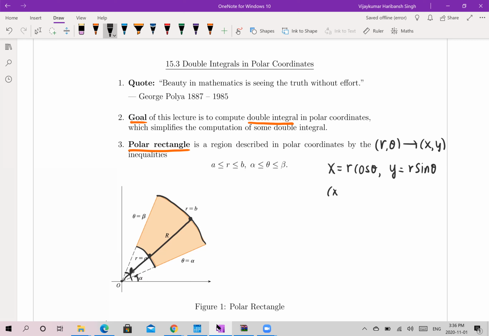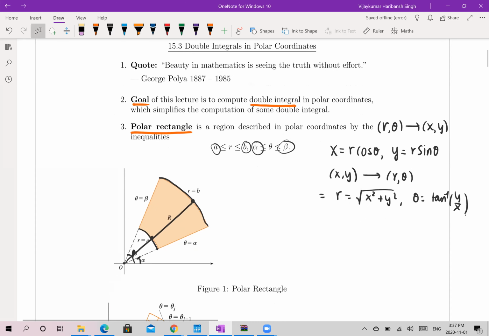And if you're given xy, to get r and theta, the connection is r equals the square root of x squared plus y squared, and theta equals tan inverse of y over x. So a polar rectangle is where r is changing between fixed values a and b, and theta is changing between fixed values alpha and beta.